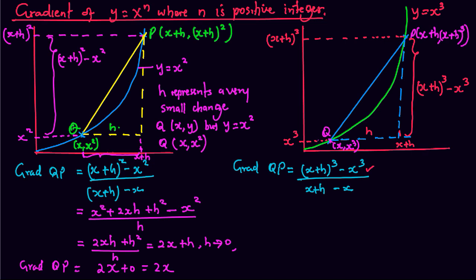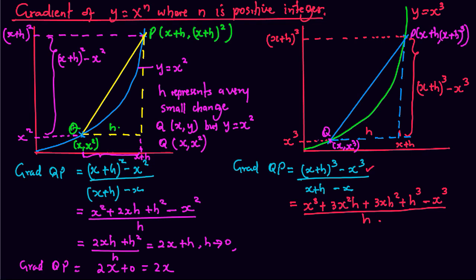Expanding, the upper expression gives us x cubed plus 3x squared h plus 3x h squared plus h cubed minus x cubed, divided by h.